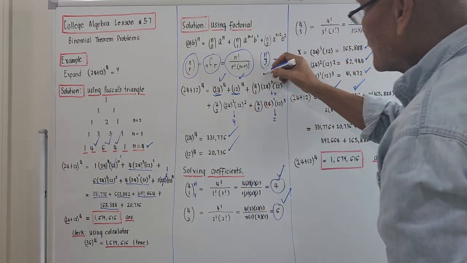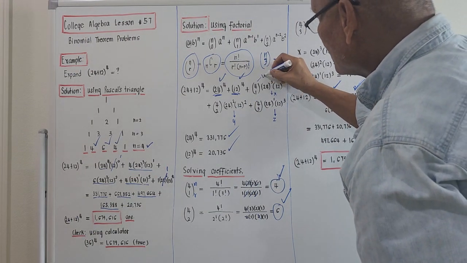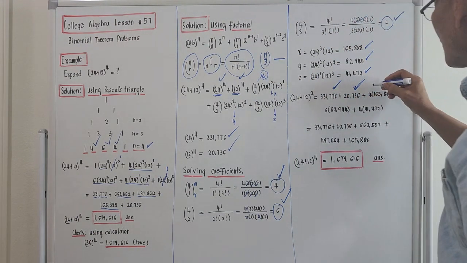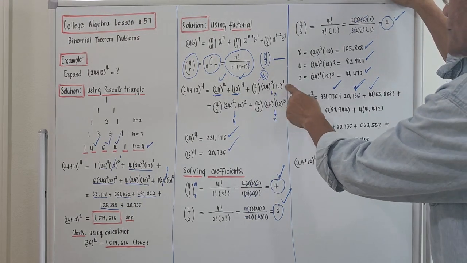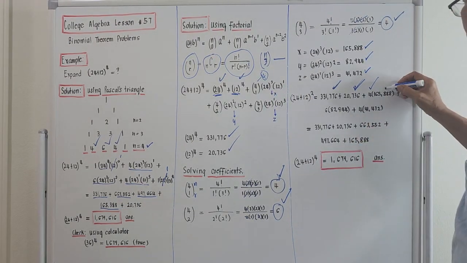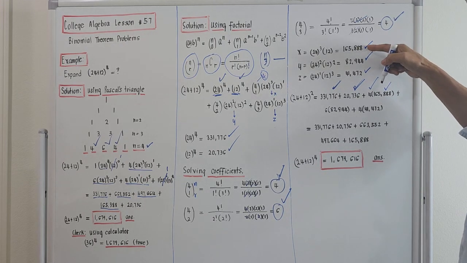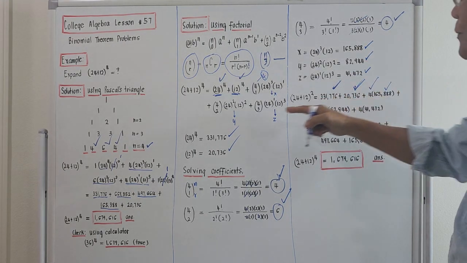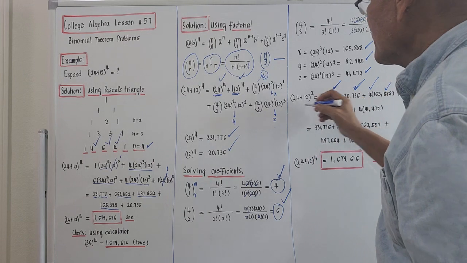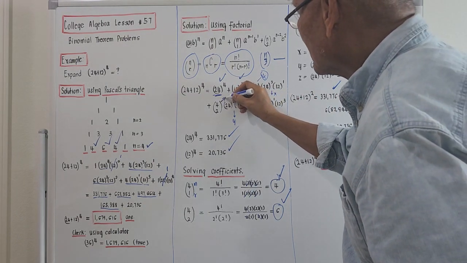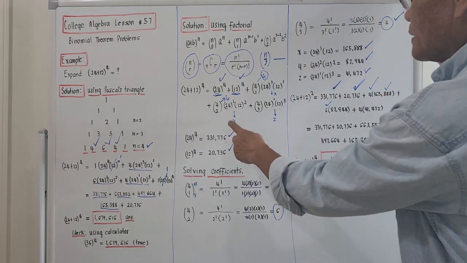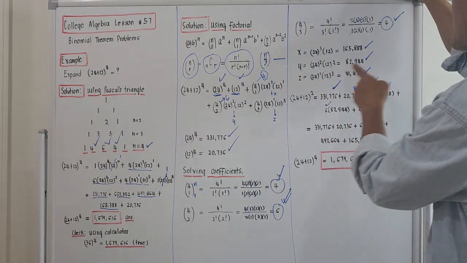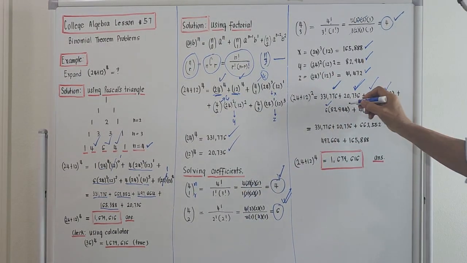The coefficient 4 and 1, as per our computation, is 4, right? So this is 4, and this is represented by x. This is multiplied by 165,888. 4 and 2 coefficient is actually 6. So this is 6, and the product of 24 squared and 12 squared is actually 82,944.